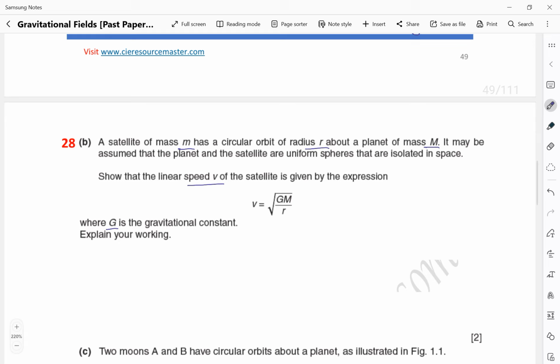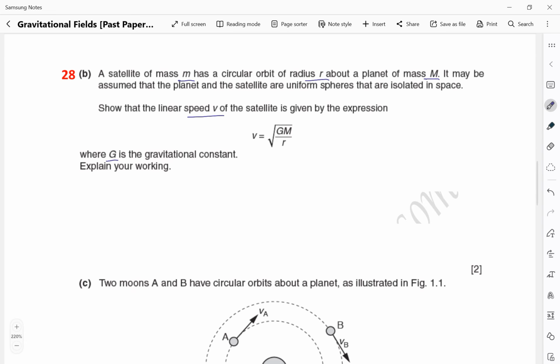Of course, when they say explain your working, we know that it's the gravitational force which provides centripetal force. So I'll simply say gravitational force provides centripetal force.